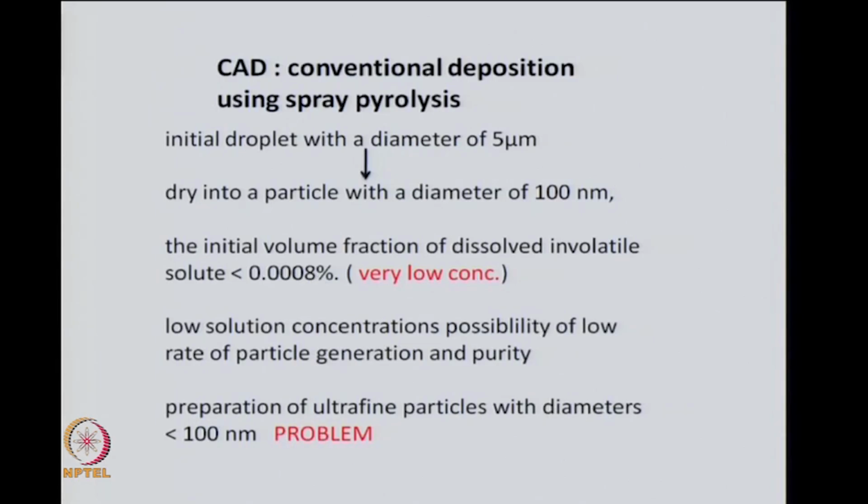So, taking such a small concentration is not a very good idea. So, preparation of ultra fine particles with diameters less than 100 nanometers becomes a problem in the conventional deposition processes using spray pyrolysis. So, there are other techniques.